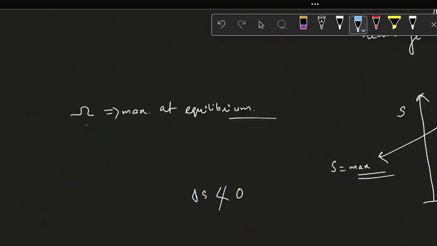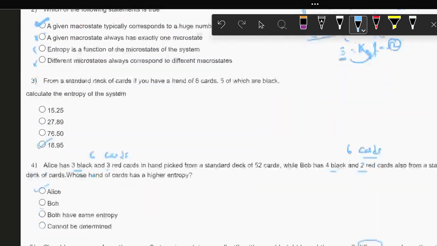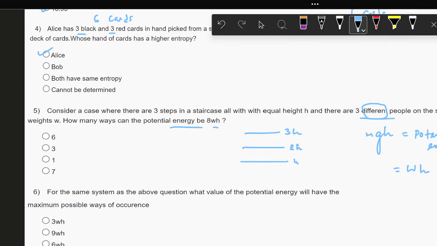But then again look at the question. There is a trick: how many ways can the potential energy be 8 Wh? Now this factor comes, that is why I was emphasizing the fact that there are three different people, they are not identical to each other. So let's say the people are A, B and C, three different people, they are all distinguished from each other as different entities.